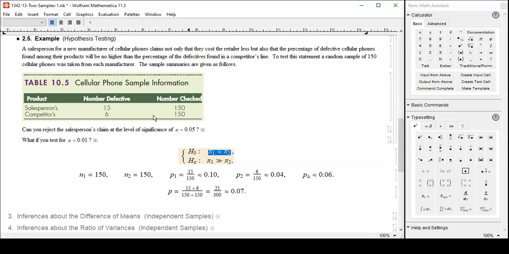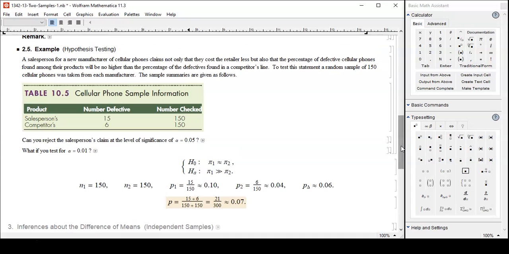Based upon that, there's no difference between these two samples, salesperson sample and competitor sample. So put all those together and we get a total of n1 plus n2, and among those, number of defectives, x1 plus x2. In this case, 21 defective out of a total 300 selected and tested. And that'll turn out to be 7%.